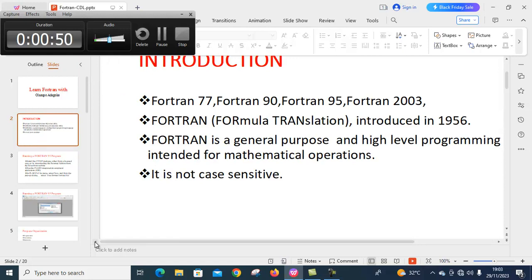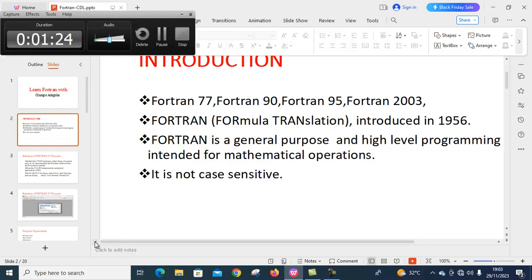Fortran simply means formula translation. It was introduced in 1956 as one of the high-level languages which resembles English. It is easier to use than machine code, but has a limited specialized vocabulary and a simple syntax free from error.